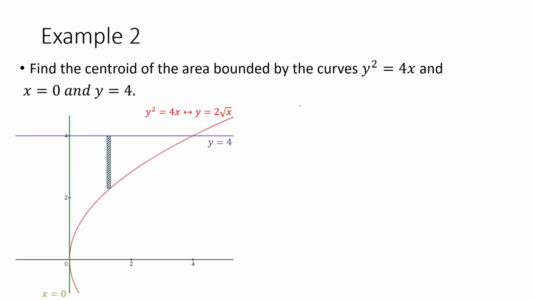So bar y and then area. So y sub c times the differential area. So bar y times area and then y sub c. Since we're using vertical strip, y top, y bottom dx from x1 to x2.